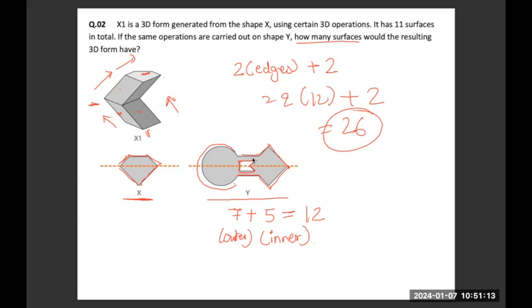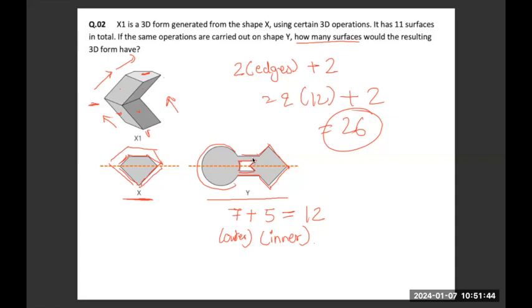Ma'am, for X, shouldn't it be 12, but they've given 11 surfaces? Where? I mean the question. One second. It has 11 surfaces in total. X1 is a 3D form. Okay, so X1 has 1, 2, 3, 4, and 5. 5, 5, 10, and then 11.